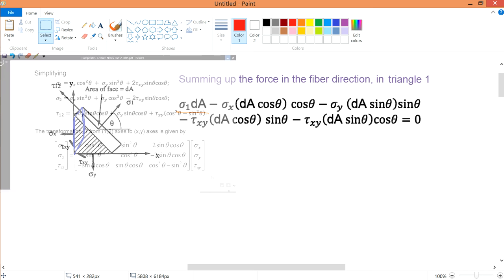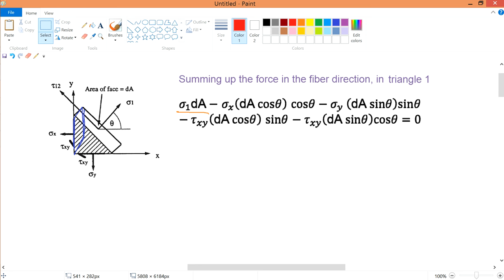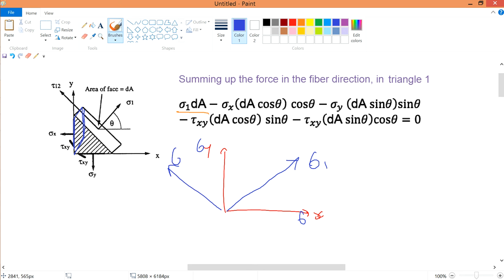Or in other words, if you find it very troublesome or confusing, this is your x and y. Once you get your stress in the x and stress in the y, you will know the amount of stress acting in this direction, which is stress 1 and stress 2.